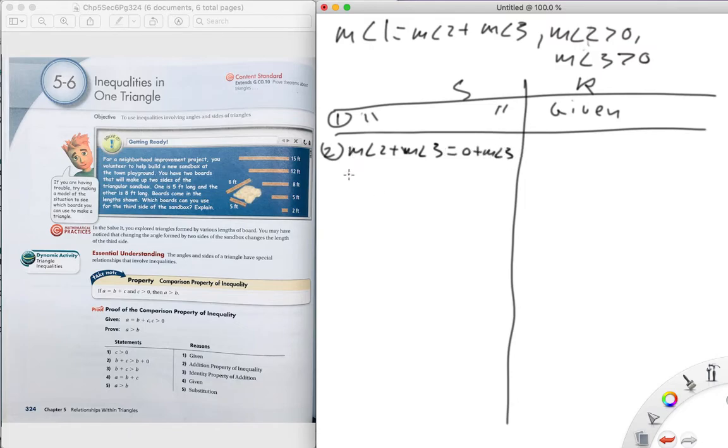I can say the measure of angle 3 plus the measure of angle 2 is greater than 0 plus the measure of angle 2. And that's because of the addition property of inequality.